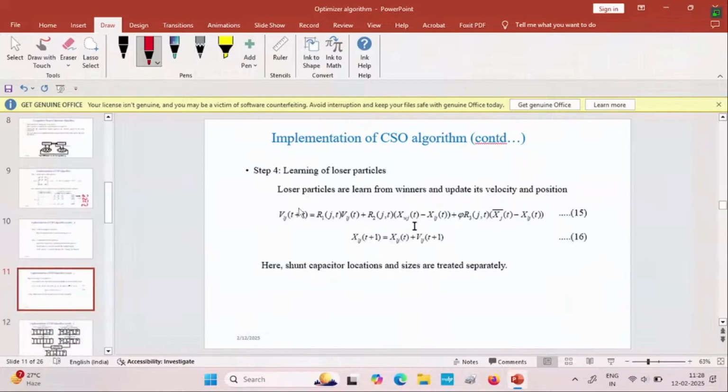And what is this learning mechanism? We update its value based on equation number 15 and equation number 16. Equation number 15 updates its velocity. For this update, a certain equation has been developed, and if we see it out here, we utilize 3 random variables R1, R2 and R3.